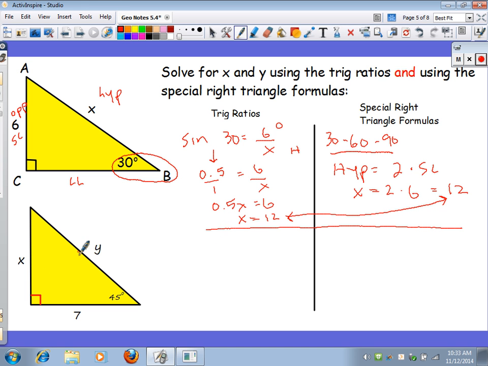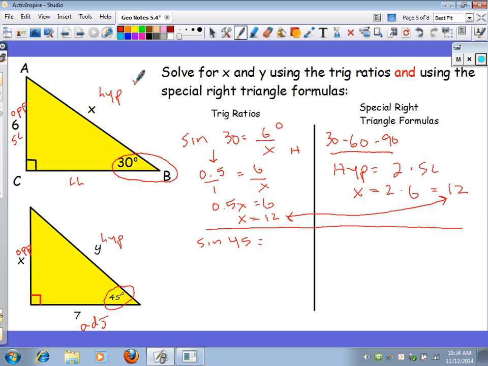All right, let's try trig on this bottom one now. We got a 45-degree angle. This x over here is my opposite side. The 7 is my adjacent side, and the y is the hypotenuse. Opposite, hypotenuse, OH. Which button is OH? So, sine of 45 equals the x over the... Oh, wait, I don't want hypotenuse.